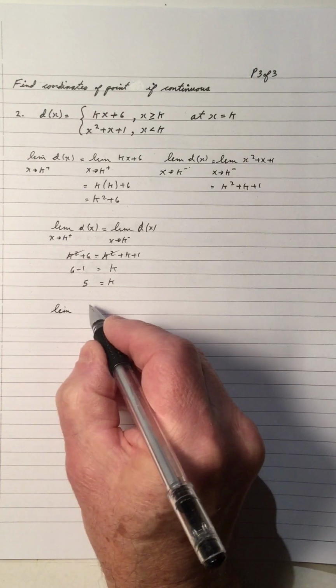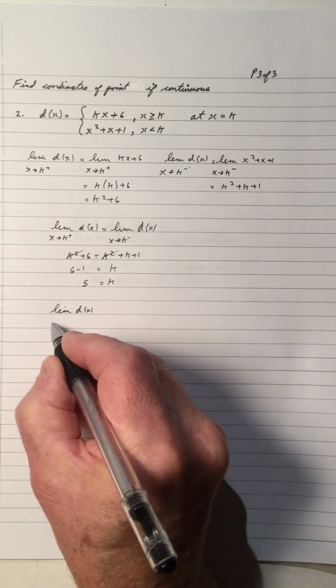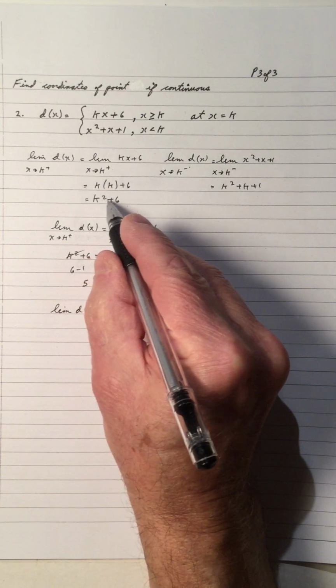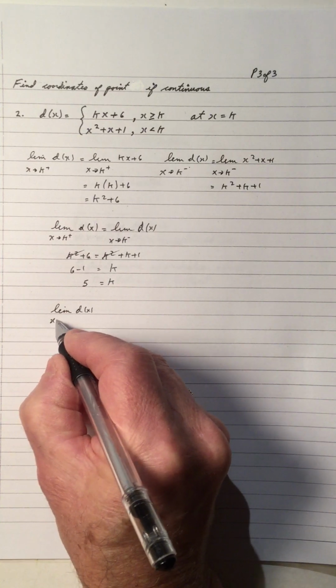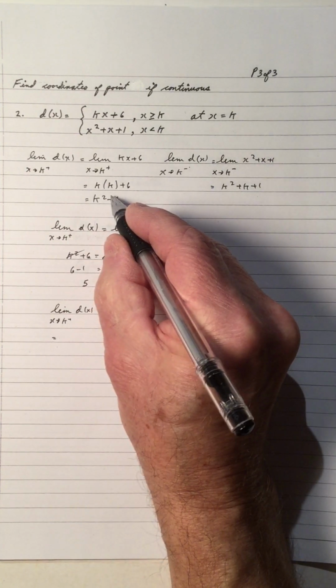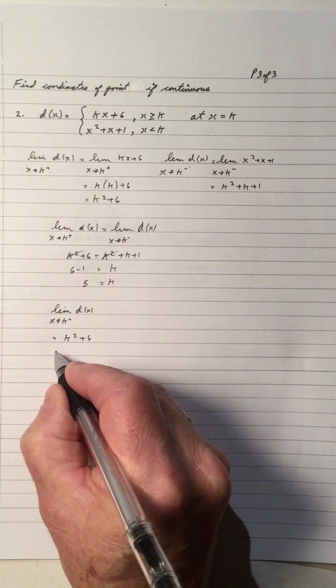If we want to find what point that is, let's take the limit of d of x as x approaches k. I already worked it out as k squared plus 6.